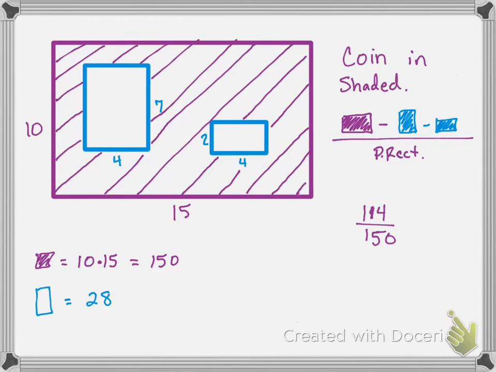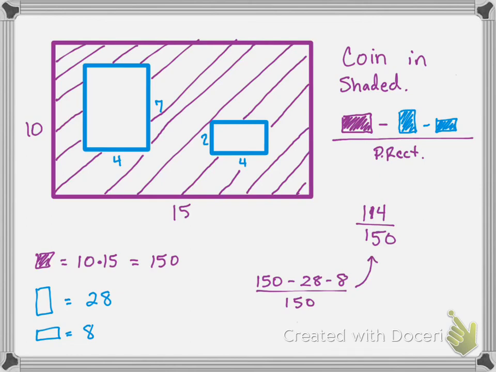And then my other one, the sideways one, is 2 times 4, which is 8. So I think the way he saw this, he did 150 minus 28 minus 8, and he put it over 150. And that will give you 114 over 150.